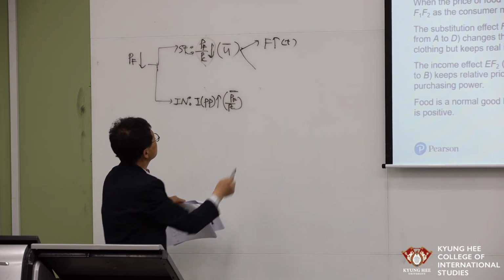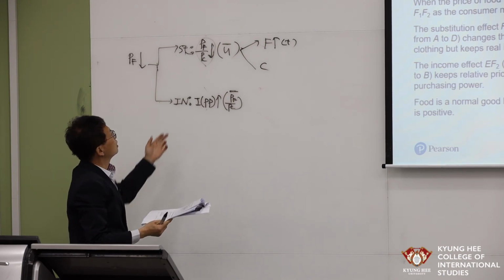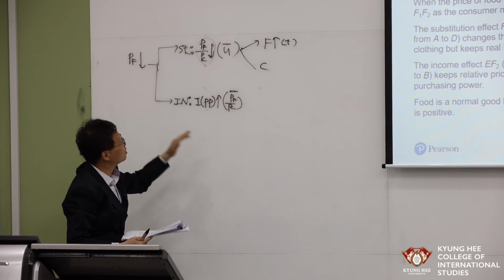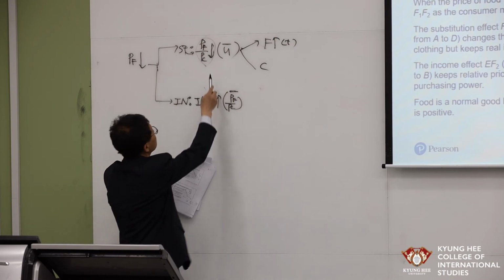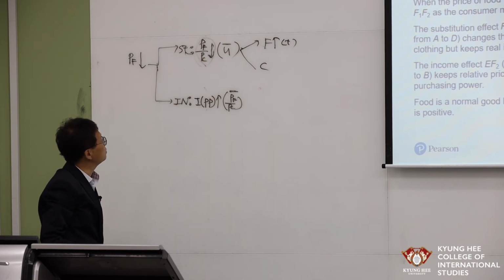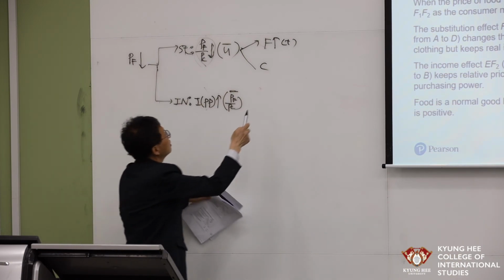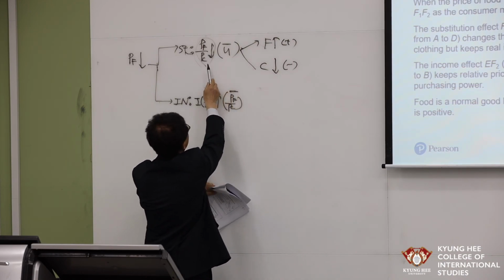And what happened in clothing consumption? Increase or decrease? Relative price of food decreases. This directly means relative price of clothing increases, right? Relative price of clothing is the reciprocal value of this, PC over PF. Price of clothing increases. Then demand for clothing decreases. So negative impact.